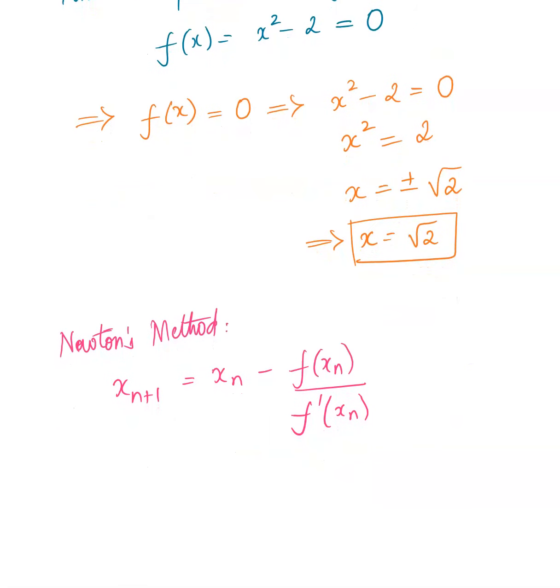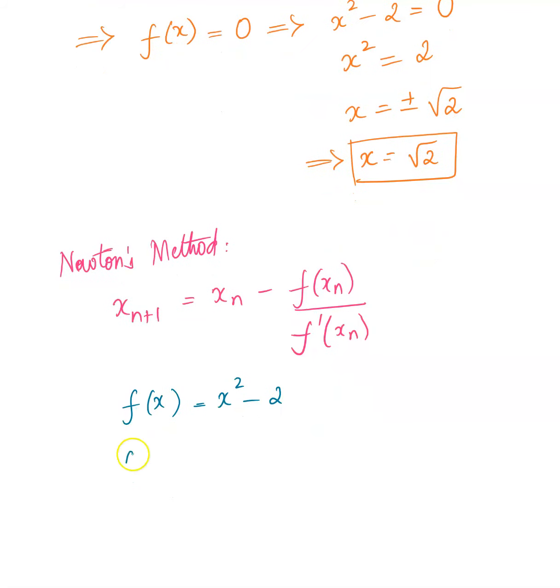Sometimes, you could simplify this equation even further depending on your equation, because this is all in generalized form. You can make it specific to your equation based on this formula. So I'd like to take our f of x here and then use that to find the derivative.